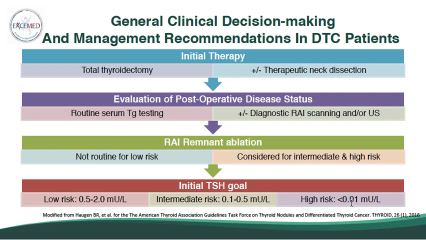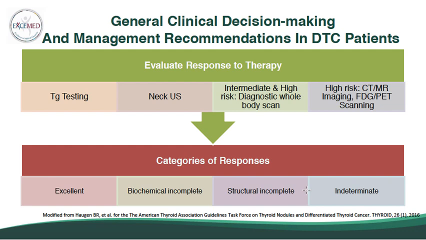And how do you suppress your TSH? You give the patient levothyroxine. So the goal of giving levothyroxine post-operatively is not just to replace thyroid hormone or make your patient euthyroid, but also to suppress the TSH to decrease the risk of thyroid cancer recurrence.